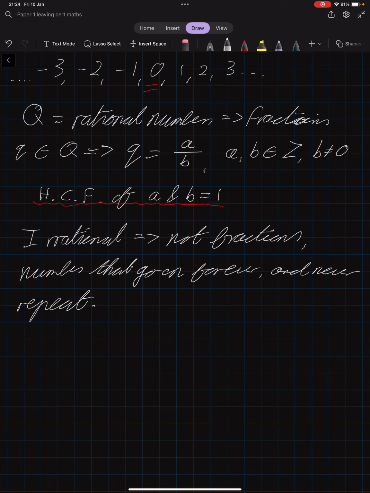Something like pi, e. You haven't come across e yet, but this is the natural number, or Euler's number as it's usually called, but there's no need to worry about it. You just need to know that it never ends. It just keeps going and going and going, and it never repeats.